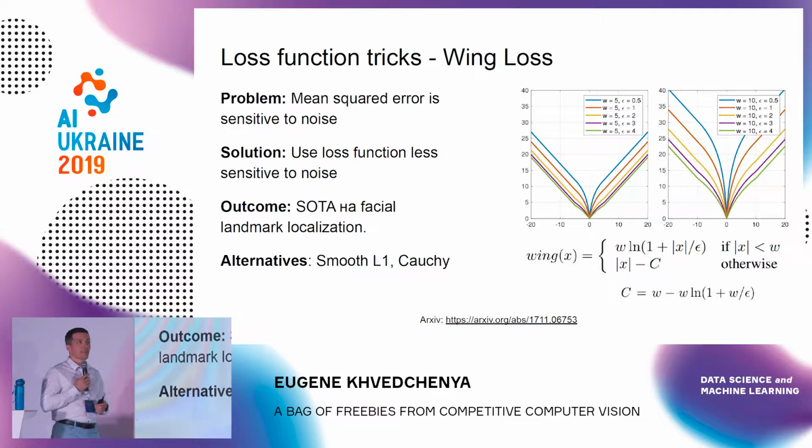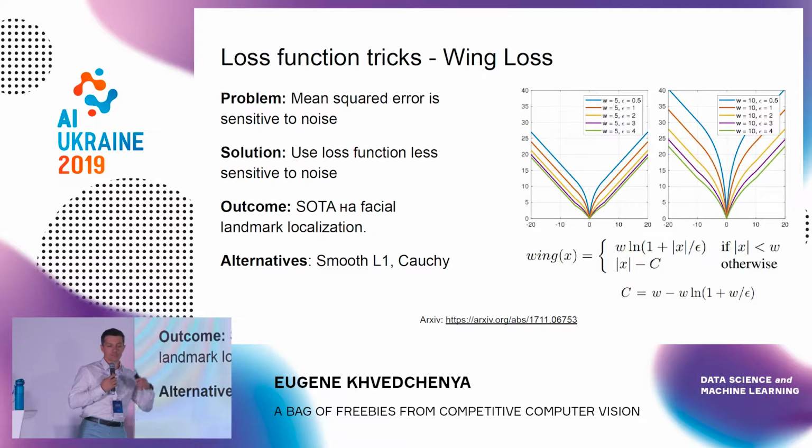So to work around this, it has been proposed to use the wing loss function, which has a different shape than the MSE. And essentially it's really similar to the idea in focal loss. Once we get closer to the optimum, once the residual gets less than some threshold, the loss drops down greatly. Otherwise, it's just L1 loss.